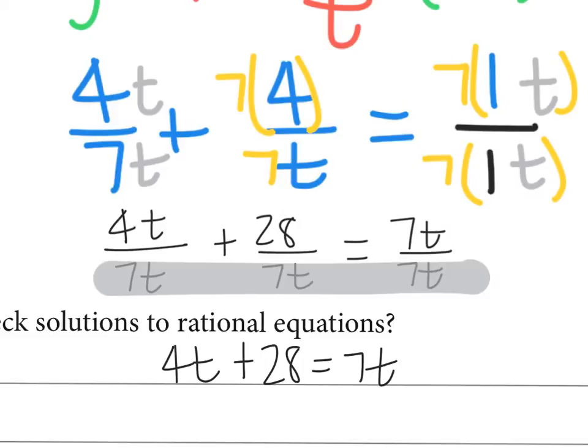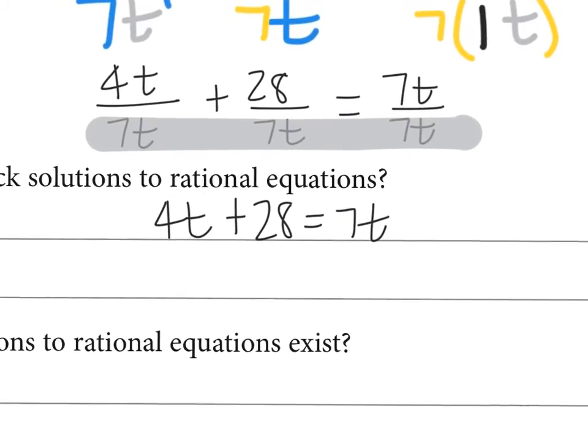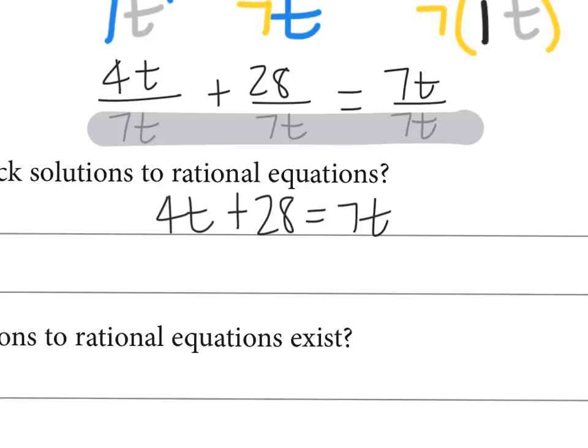So this is something that I need to solve, and that's easy to solve. To get T by itself, I'm going to subtract 4T from both sides, and I get that 28 equals 3T.